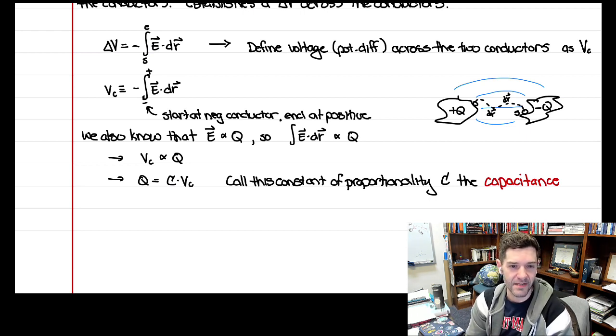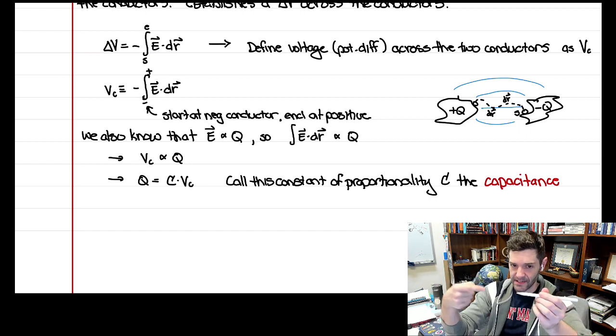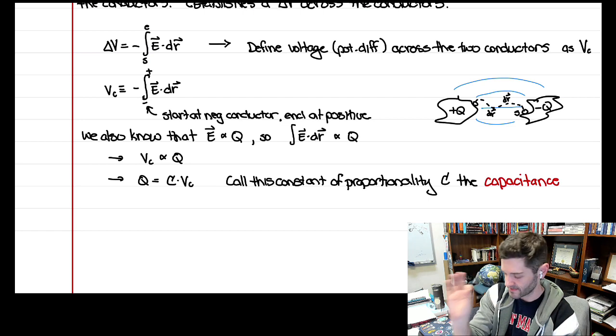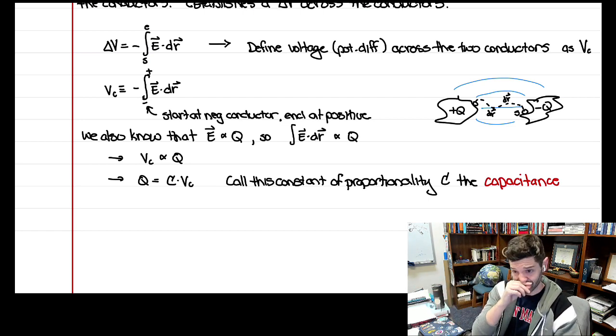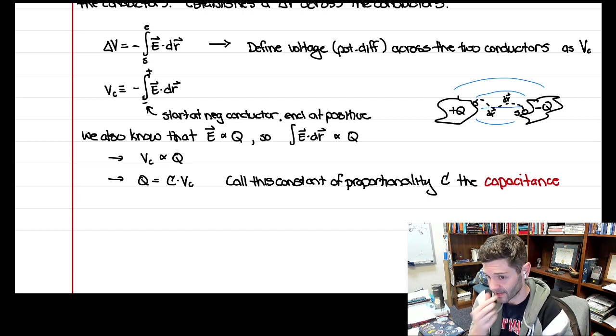You could think that it makes sense that the geometry should be involved somehow in the kind of electric field that's established and the potential difference across the two conductors. It's like two lightning rods versus two long infinite sheets that have the same excess charge. So we call this the capacitance. Essentially this will be a constant that allows us to say something about how much energy can ultimately be stored in this capacitor.